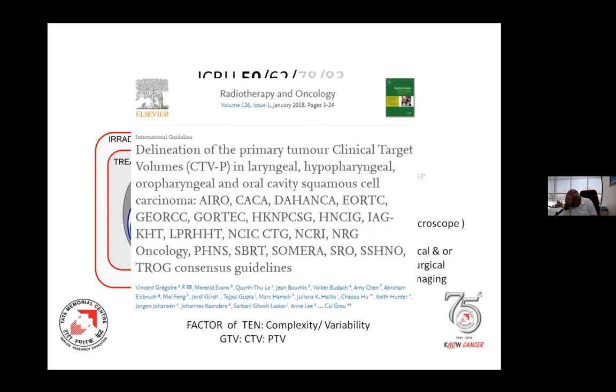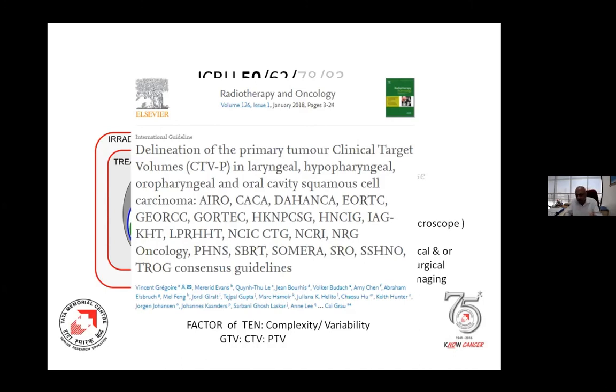Even recently, they have come up with guidelines for the primary in head and neck cancer. Gregoire and his colleagues across the globe have learned that if you really want to make a big impact globally in, let's say, head and neck cancer, you have to make a set of rules or guidelines.